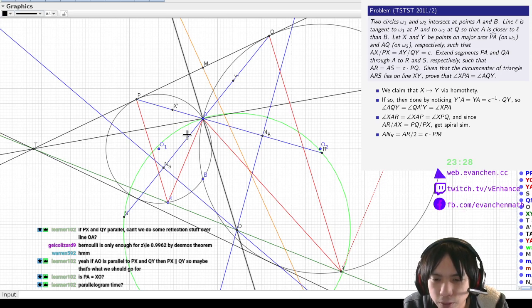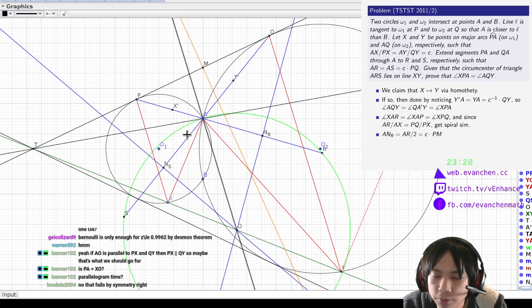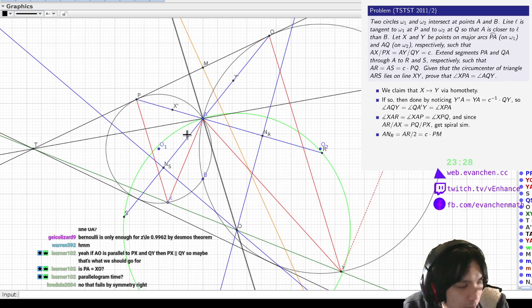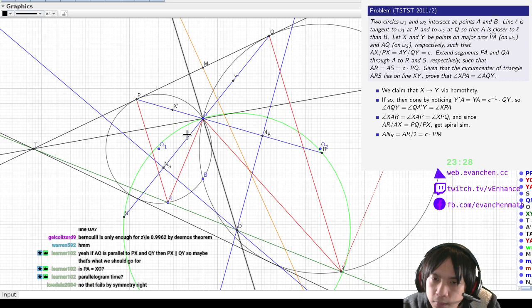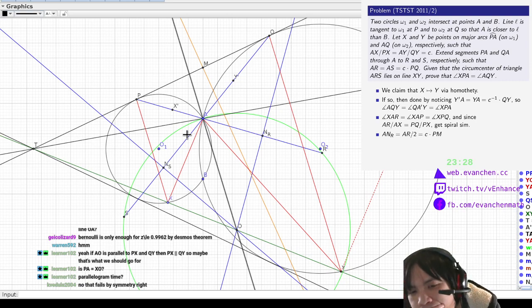If PA equals XO, then QA equals YO. Actually, that might be possible. I don't believe it though. Yeah, that should be true for symmetry reasons.